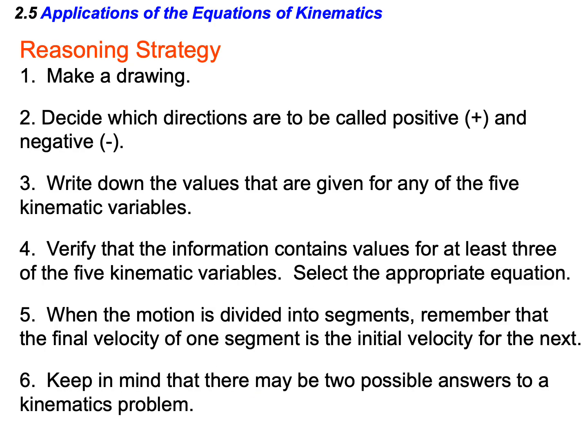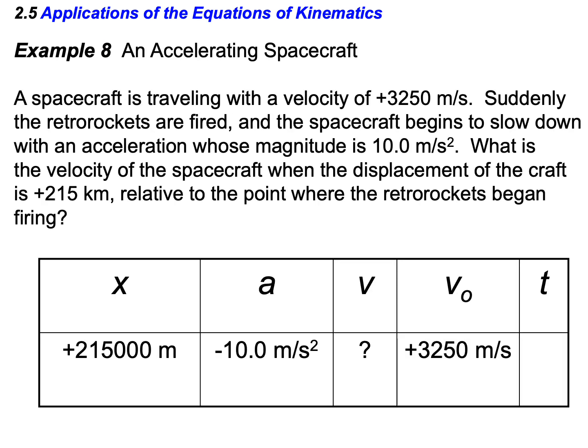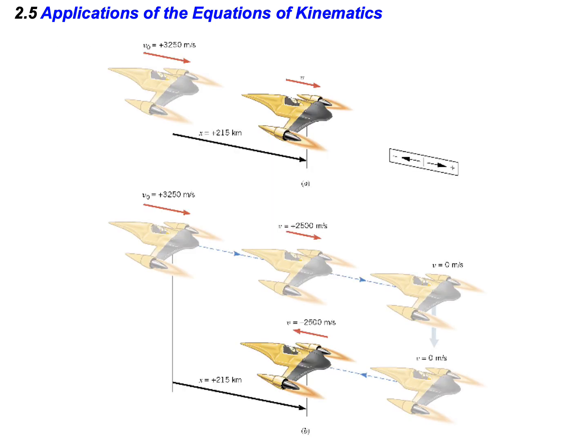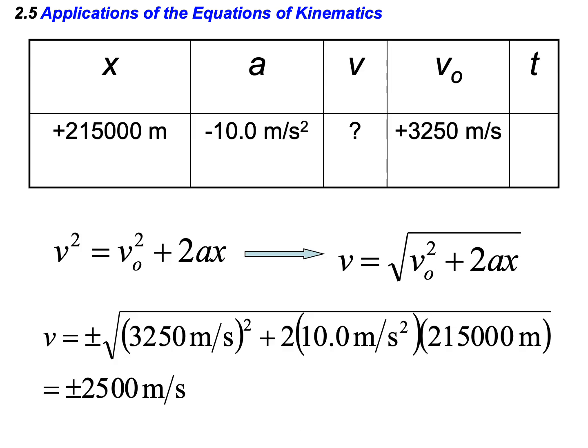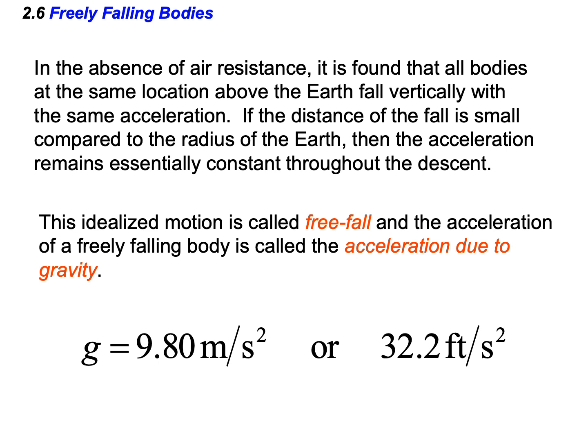Let me move to slide number 38. Okay, let's talk about free-falling bodies or free-falling objects. Free fall means anything falls onto the Earth's surface if there is no air resistance like wind.